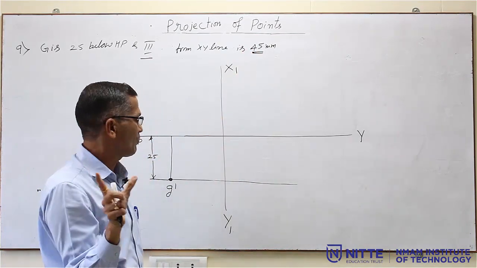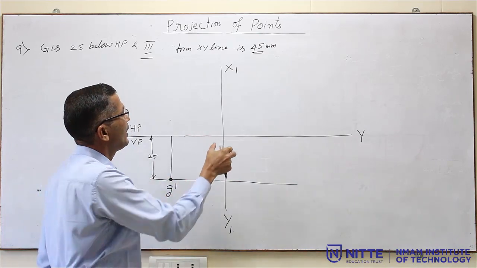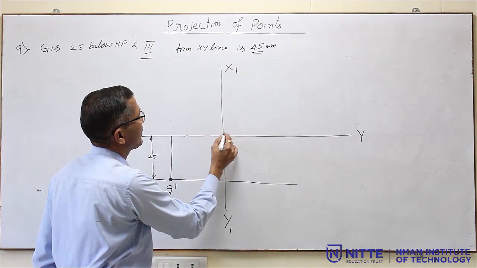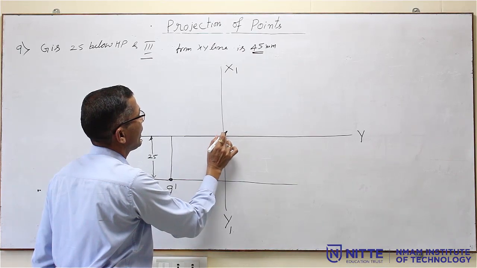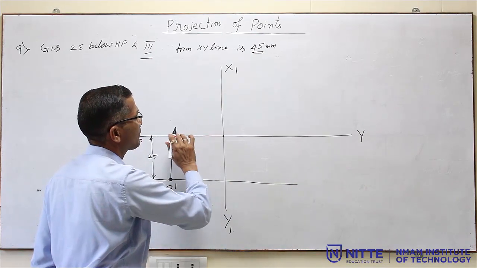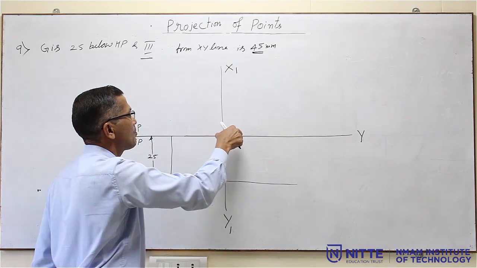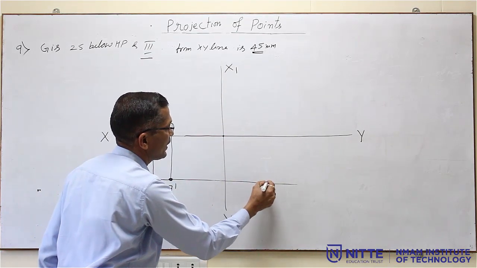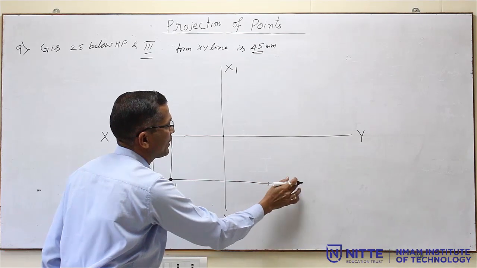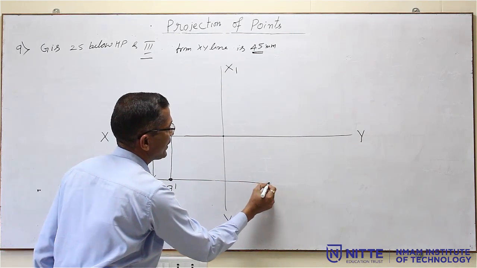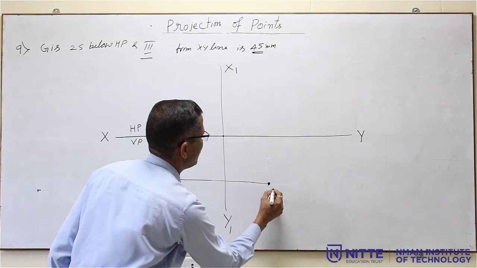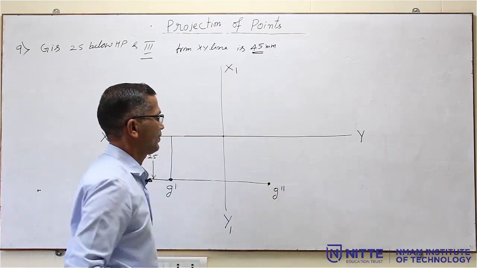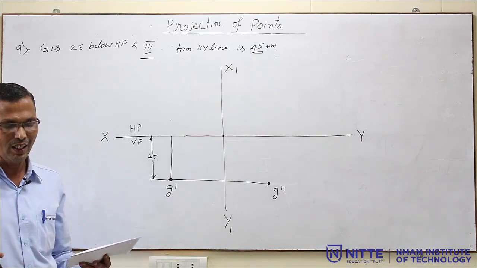At the intersection of xy and x1 y1, keep the compass and cut this line somewhere here. Mark that point as G double dash. That is the profile view.